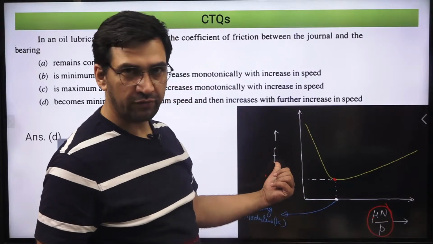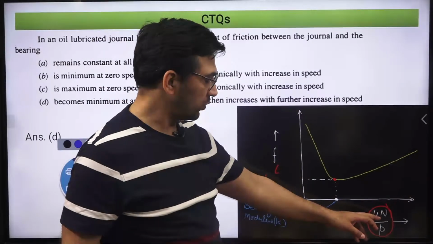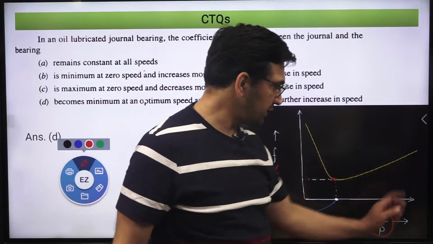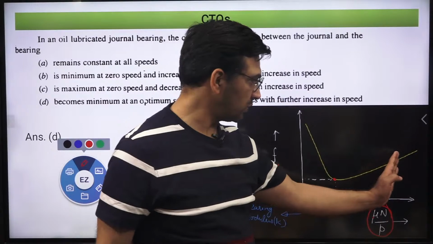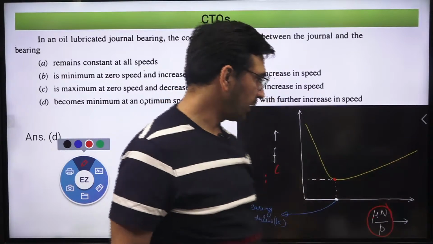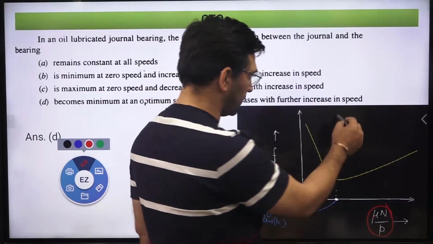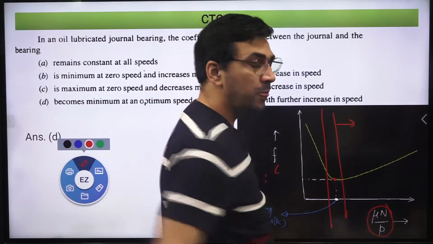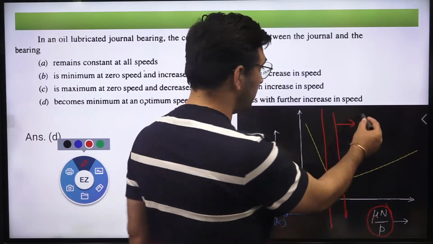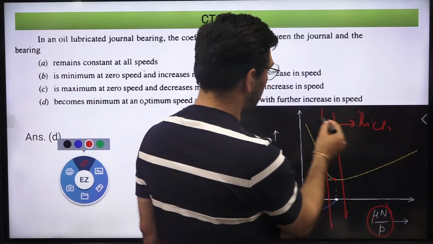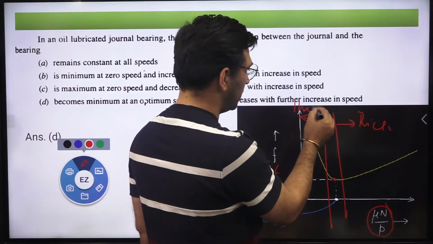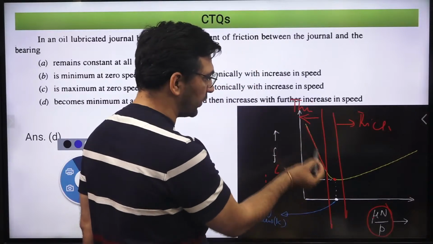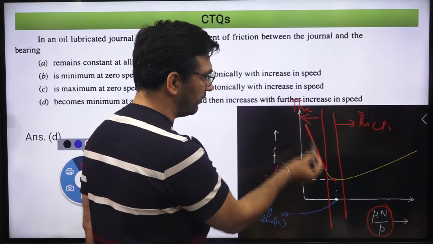Coefficient of friction is F. So that is the difference over here. N is speed and p is pressure. As you increase this total value, there is going to be a region where again the coefficient of friction will increase. So we say that this is a transition zone over here, and on this side this is the thick film lubrication region, and this is the thin film lubrication, or we also call it boundary lubrication, because metal to metal contact will be over there, so friction will be high.